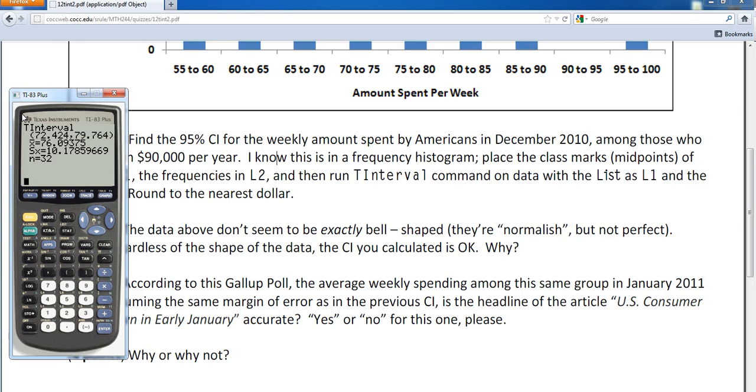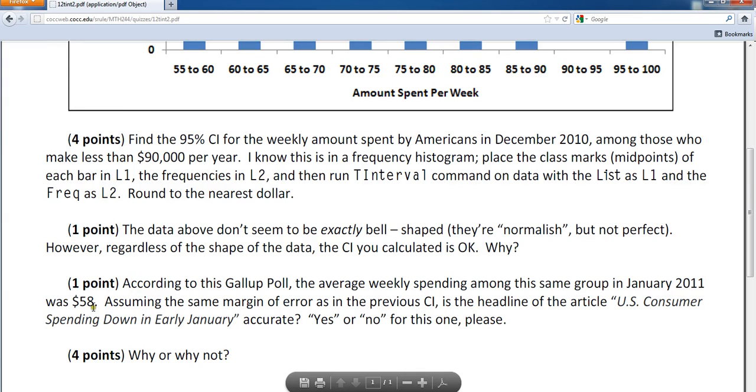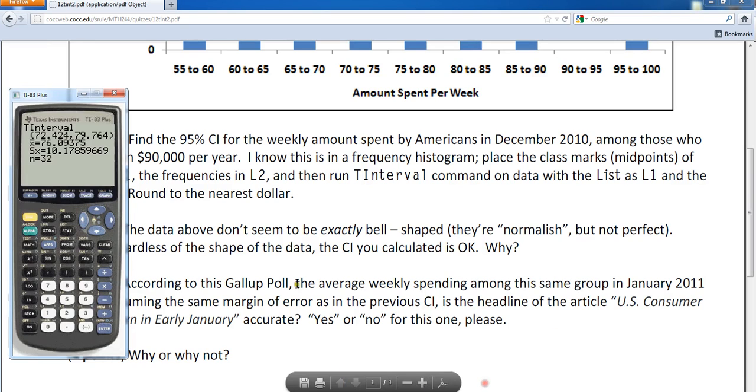So we've dropped minimally $10 in consumer spending per week at 95% confidence. Even with a margin of error of $4 added to this $58, it's still below it. So the intervals do not overlap in this case.